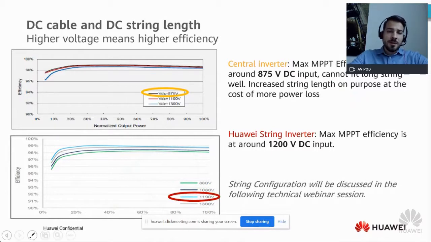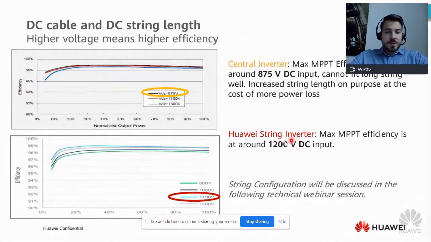As you can see from this picture, the highest line, the highest efficiency comes at 875 volts. So it means that the PV string length should be calculated accordingly. But if you go above this, you will have some kind of loss because the whole system will be operating above the maximum power point, so it will be lost in the long run.